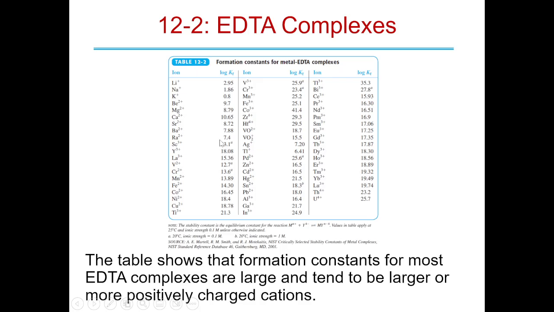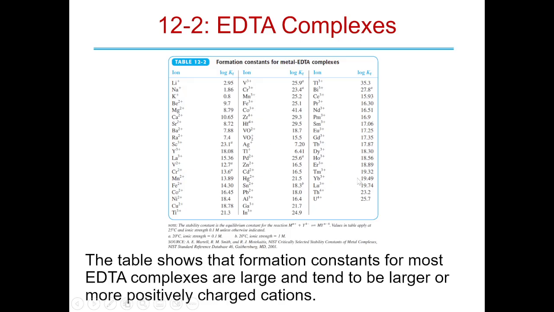Because it's a formation constant, it doesn't have that reverse sign, right? Notice that most of these are quite large, actually. Most of them are like 10 to the 20 sort of things, 10 to the 10s, 10 to the 8s. Those are pretty big for formation constants, aren't they?